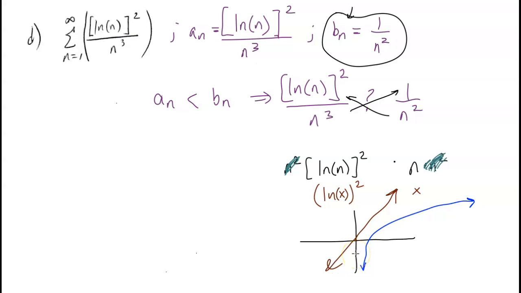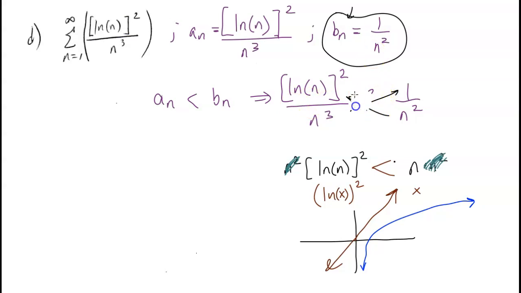Notice that my brown graph for y equals x is always going to be larger than natural log of x squared. So for that reason, we know that n is always going to be greater than natural log of n squared. So that's why I can make that statement there.